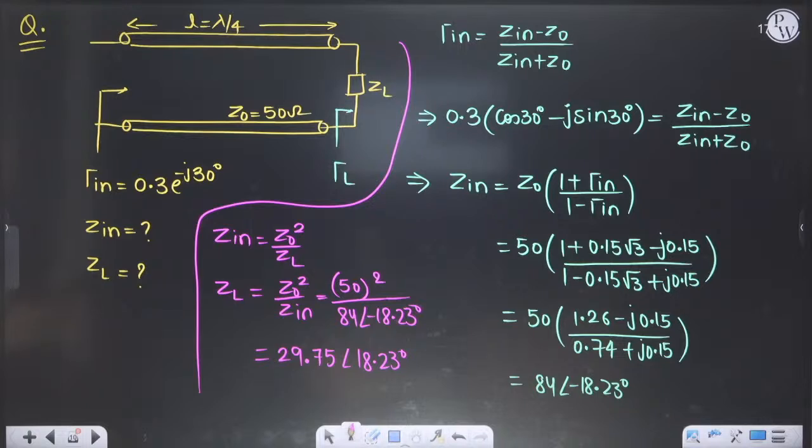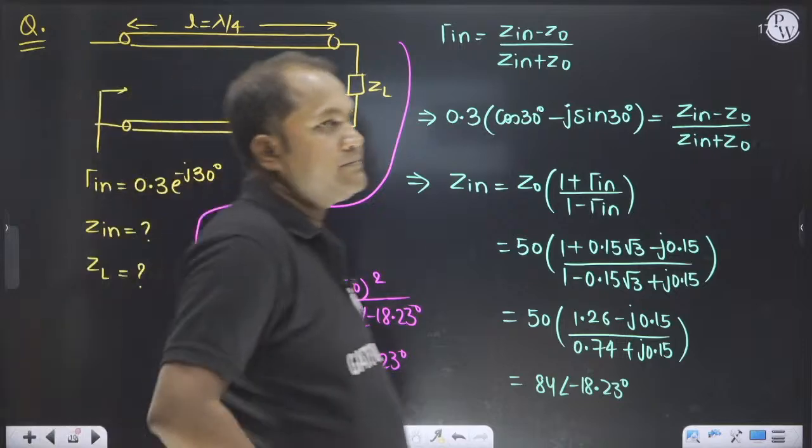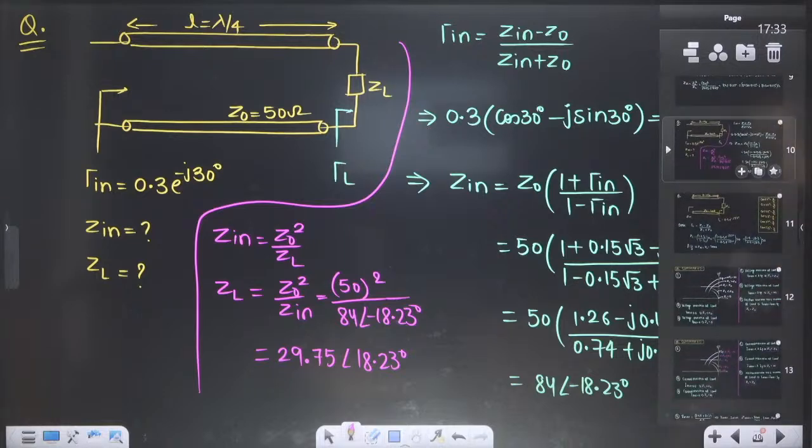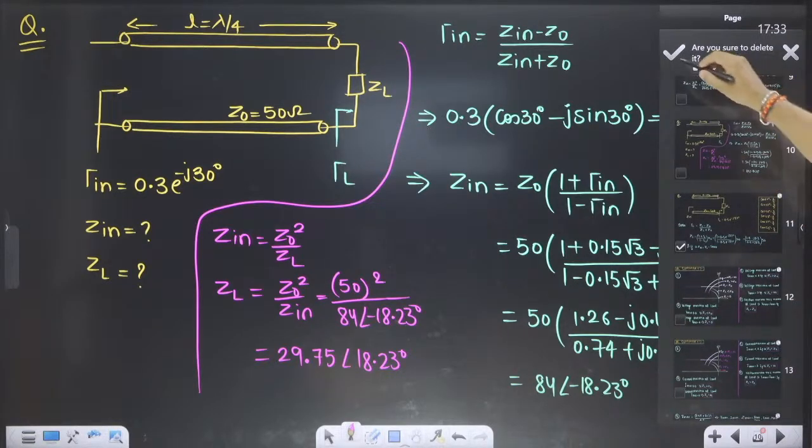I will cross check once. Yes, 84 degree. So we have calculated these two questions. This is a very good question. They have asked it in the GATE exam, and they will ask it in the GATE exam also.